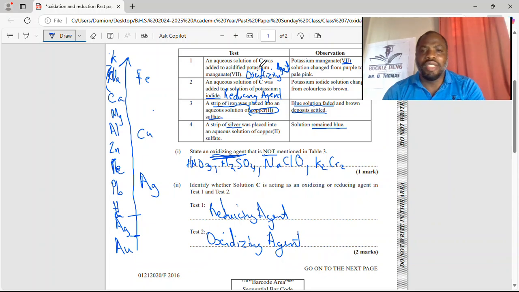We never looked at, you remember I said that you have some compounds that can technically act as an oxidizing agent and also a reducing agent. If it's with an oxidizing agent, it acts as a reducing agent. And if it's with a reducing agent, it acts as an oxidizing agent. And so that's what C was doing. C can be an oxidizing agent and a reducing agent dependent on who it is with.